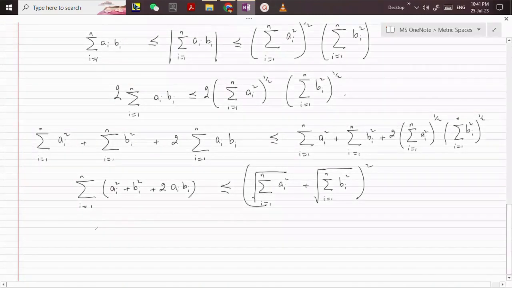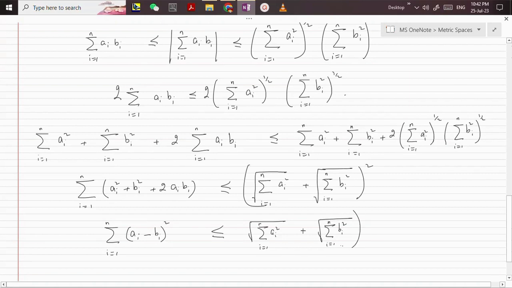And this is equal to summation i from 1 to n, ai minus bi whole square less than or equal to summation i from 1 to n ai square plus root of summation i from 1 to n bi square whole square.